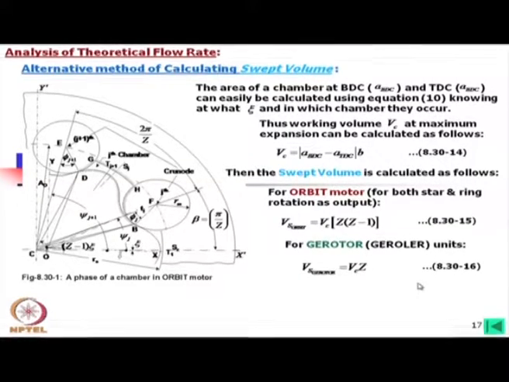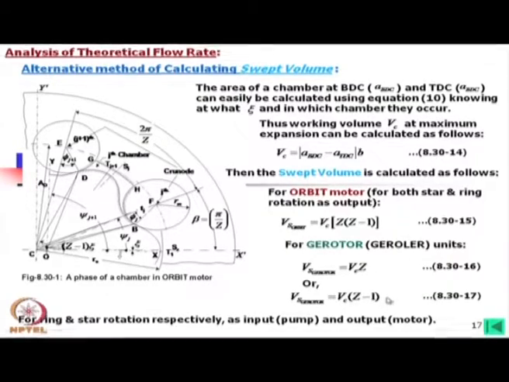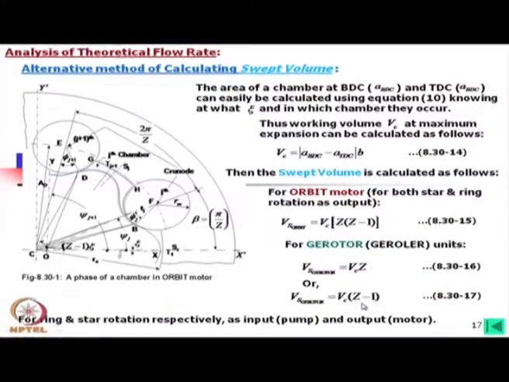Whereas, in case of a zerotor unit, this will be either V c into z or V c into z minus 1, depending on ring and star rotation respectively. Suppose your star is the output and both are rotating. In that case, you will find that when the star completes one full rotation, actually 6 chambers' displacement is there, not 7 chambers.